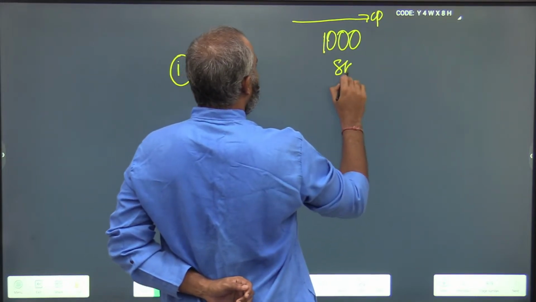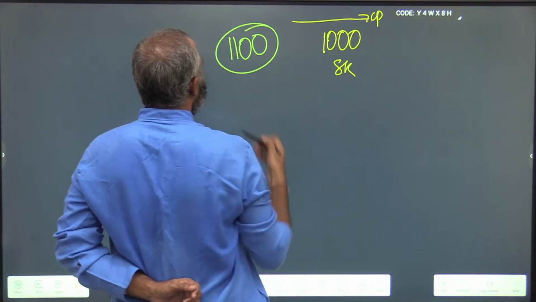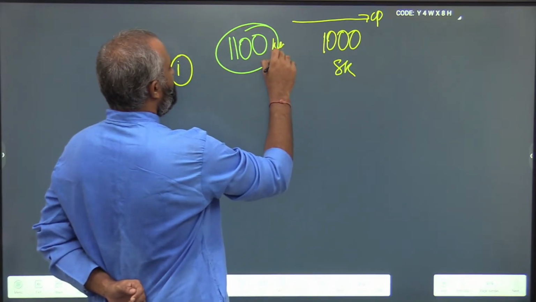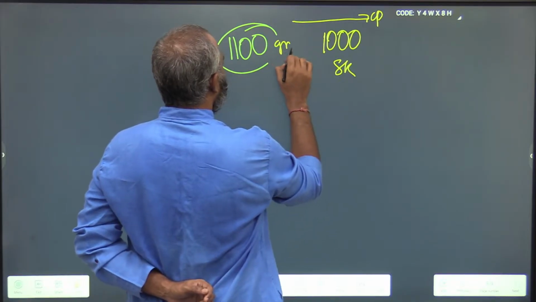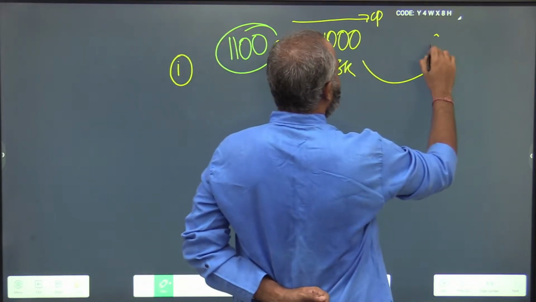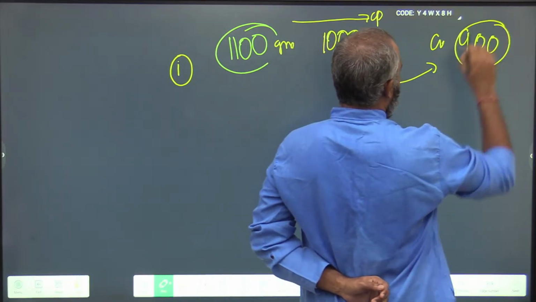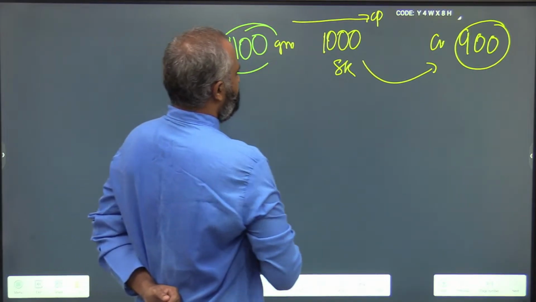The shopkeeper cheated by rigging the weighing balance to measure 1100 grams for 1 kg, and he cheated the customer by rigging the balance to measure 900 grams for 1 kg.